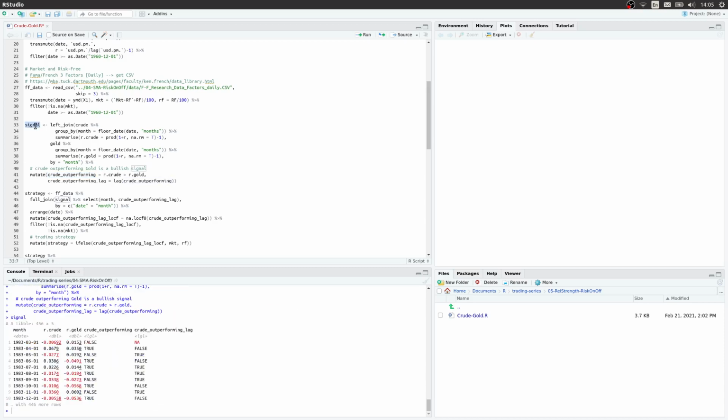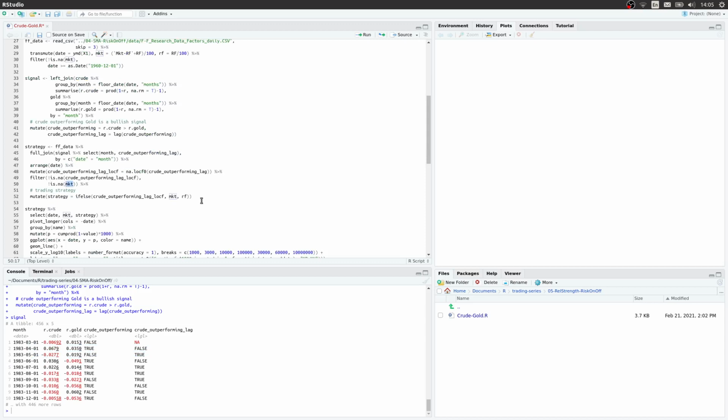So we got our signal here since 1983, and you see some months where the signal would be bearish, and then we got it again bullish, and we're going to fit this to the market return. The strategy basically is that when it's bullish, when the crude oil outperformed gold, we invest in the market, else we're staying risk-free in treasury bonds.